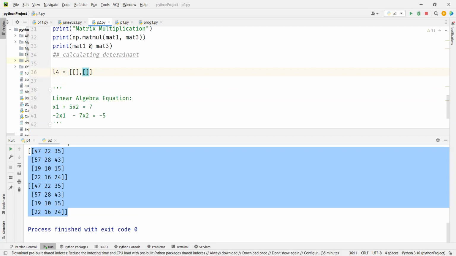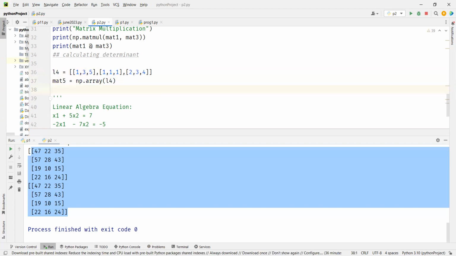The values were 135, 111, and 234. Now, to convert it to a matrix, I'm going to say mat5 equal to np.array(L4). This is your mat5.